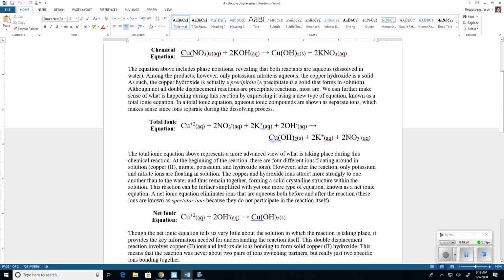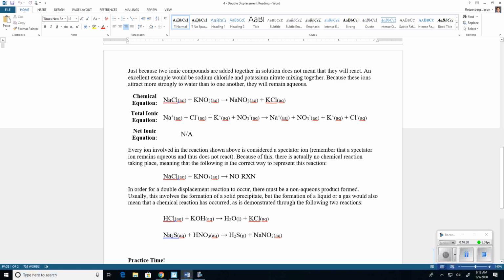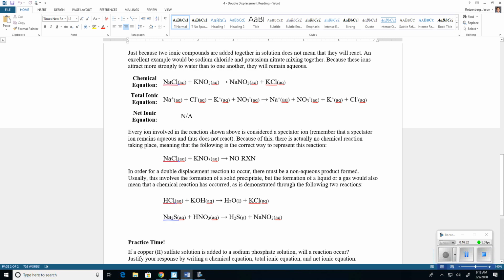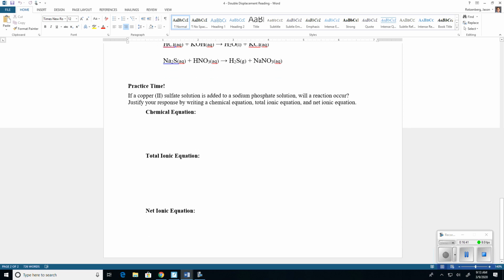So, it does mention total ionic equations and net ionic equations. It gives an example here that doesn't actually occur, which is very similar, if not the exact same example I gave early in class. I want to do this problem on the bottom backhand side with you right now.